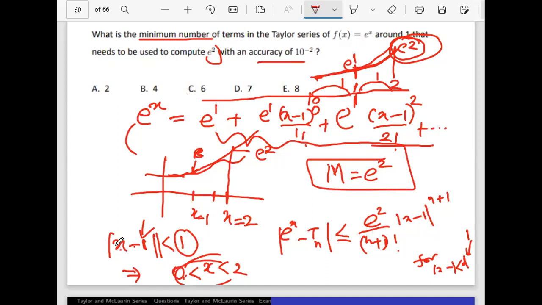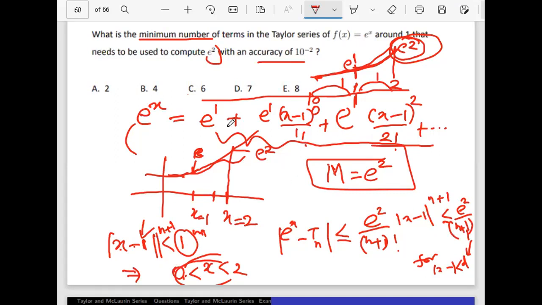Here you know that x minus 1 is less than 1, then we can write e to the 2 divided by n plus 1 factorial.